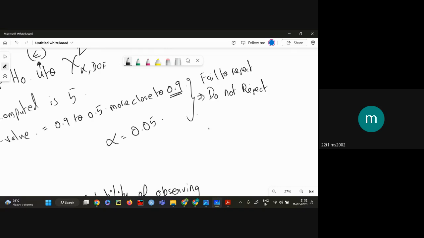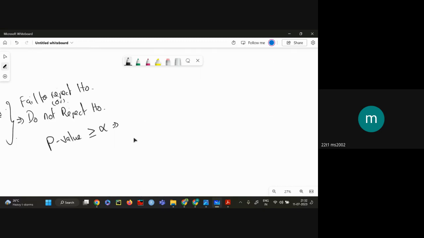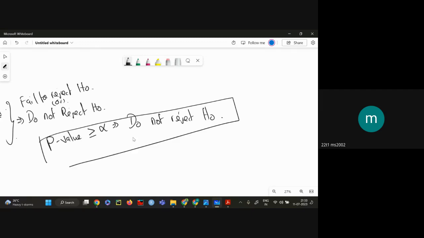So as long as your p-value is greater than or equal to alpha, you do not reject the null hypothesis. That is the conclusion.